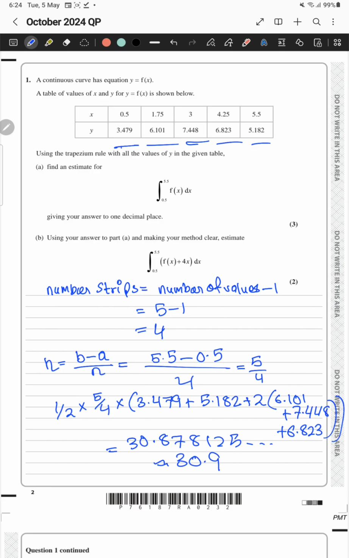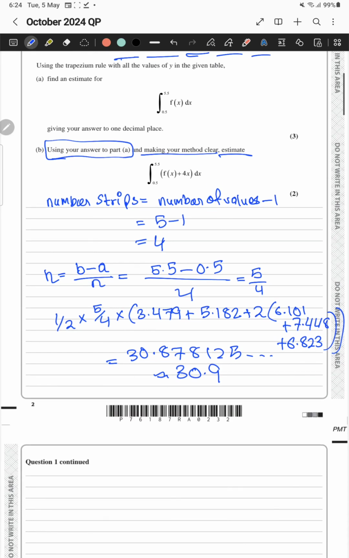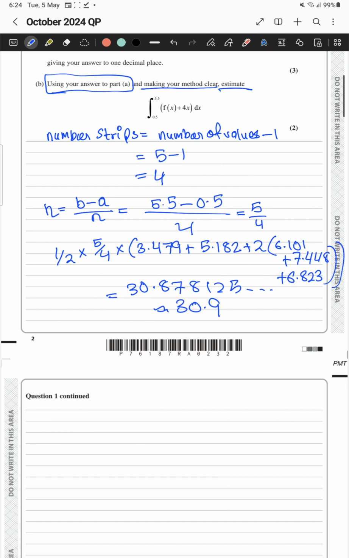30.9. Part B: by using the answer to part A, making your method clear, estimate the integral of f of x plus 4 of x bracket. So over here what we need to do is split the integrals up.